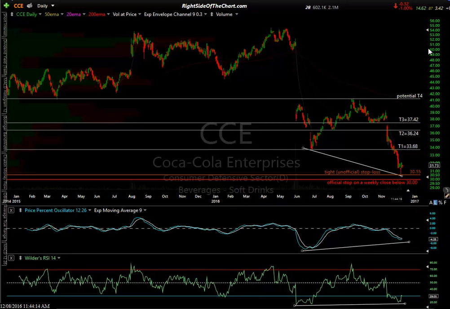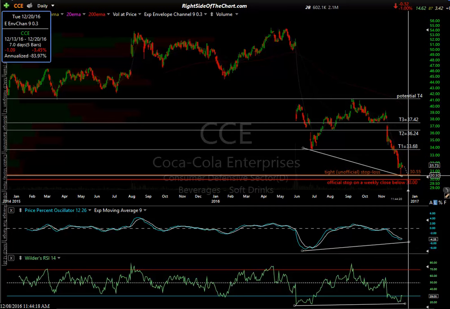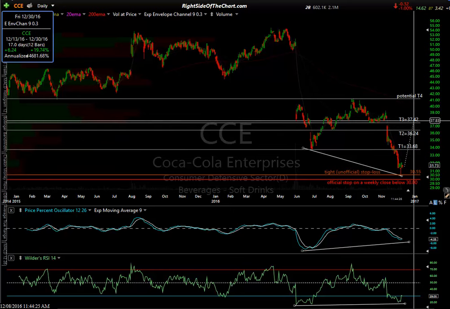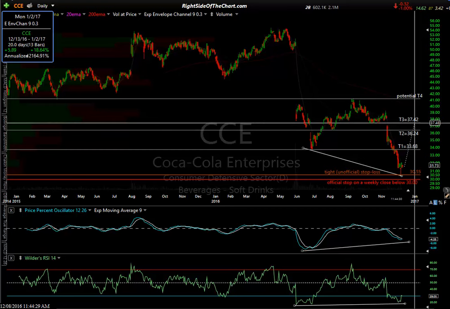You may target beyond that T4 level, but that stop is about exactly 3% from our entry price, and the current final target is about 19% above there. So that's an excellent RR right there on that one.